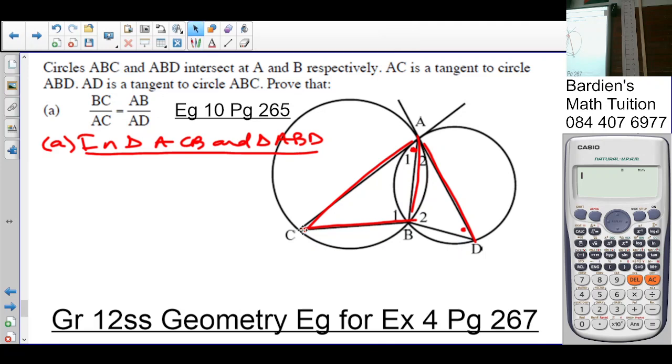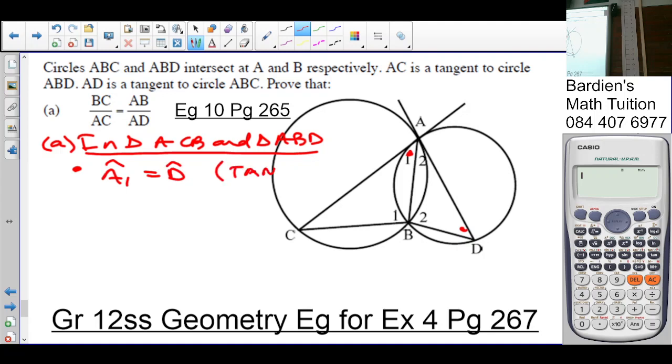So, what can we say about the two triangles? Firstly, I already marked it: angle A1 is equal to angle D. Why? Tan chord theorem. Another one.